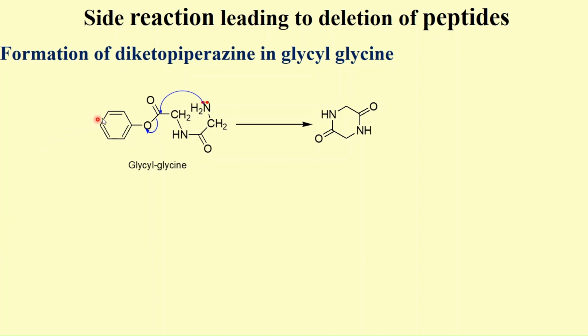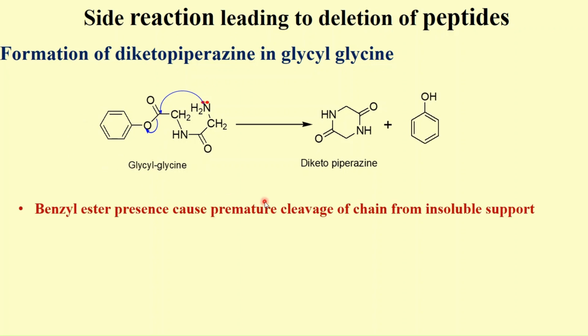When it gets relieved from the solid support, this carboxybenzyl ester has a carbonyl group. There is a lone pair of electrons on the nitrogen. It attacks the carbonyl carbon, and the bond breaks, and this leads to cyclization to give diketopiperazine. And the removed group will lead to phenol.